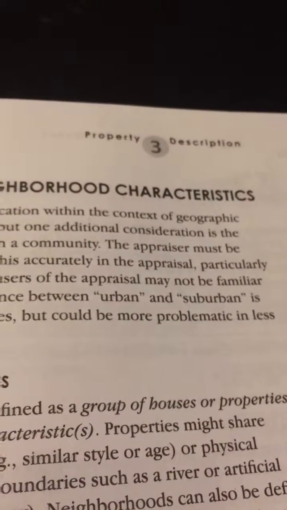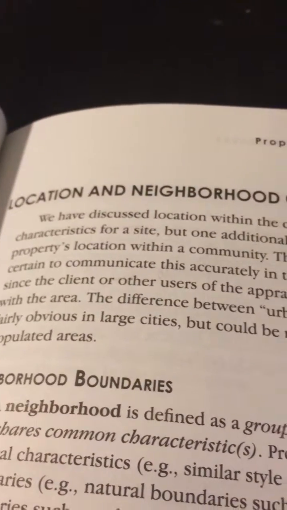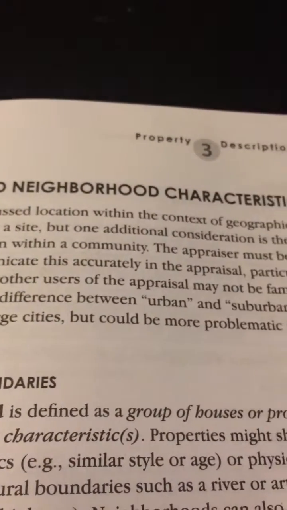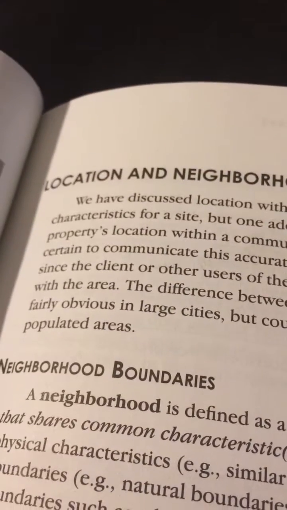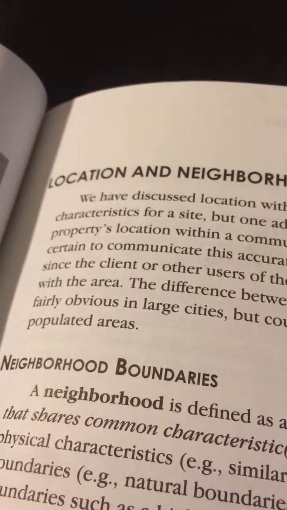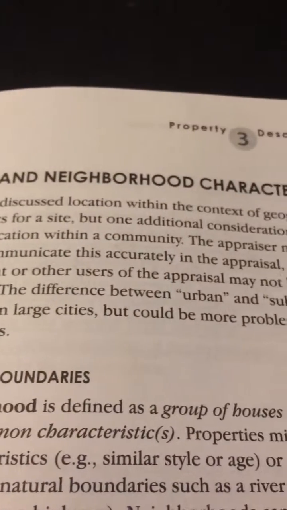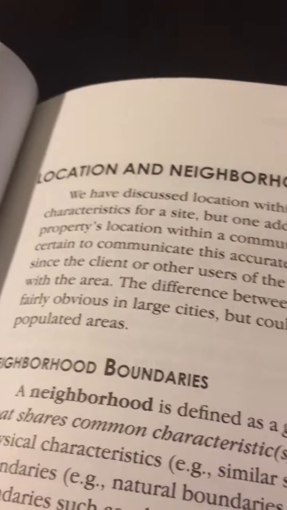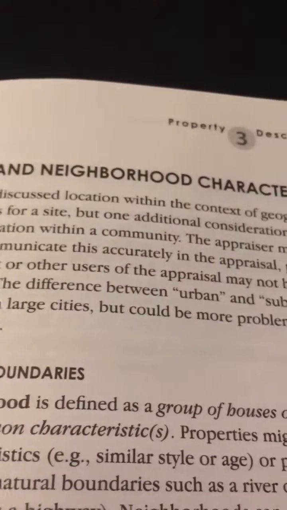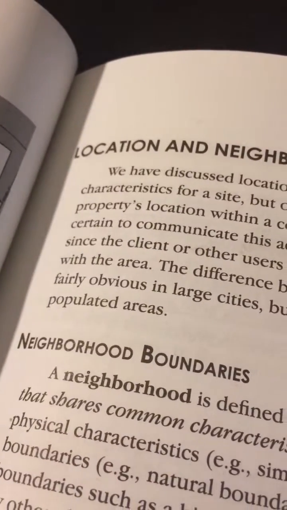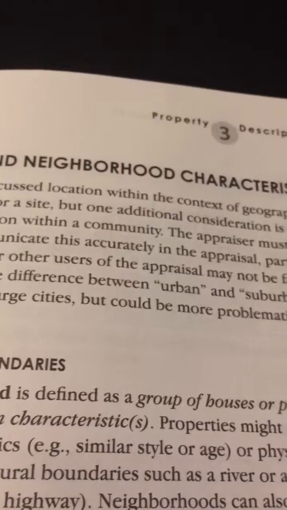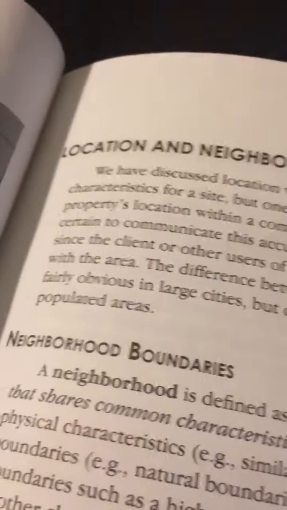The appraiser must be certain to communicate this accurately in the appraisal, particularly since the client or other users of the appraisal may not be familiar with the area. The difference between urban and suburban is fairly obvious in large cities, but could be more problematic in less populated areas.